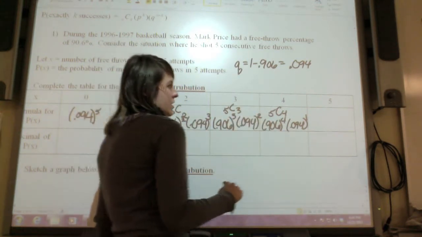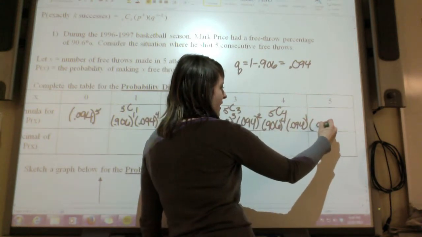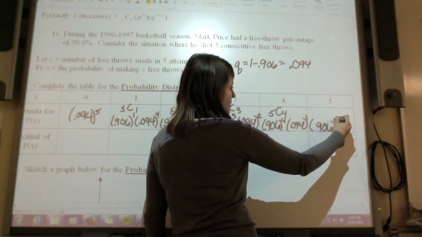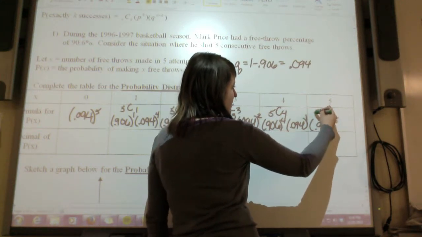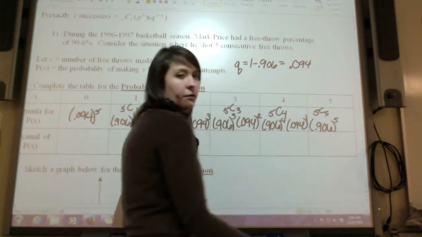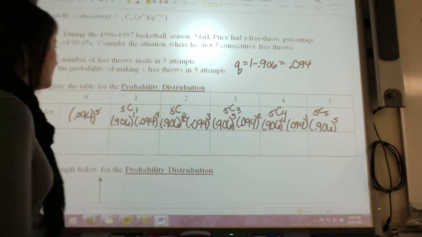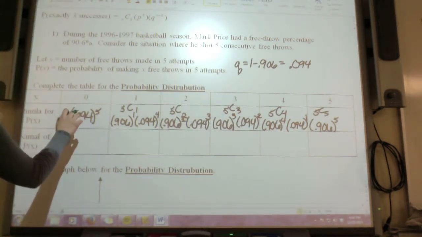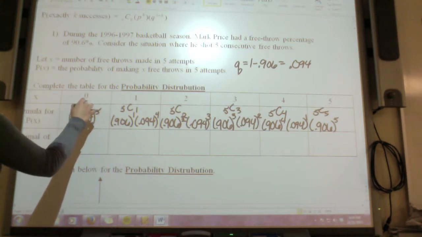The last one here, I made all 5, and that's 5 choose 5, which is just 1. And this one here is 5 choose 0, which is also just 1.